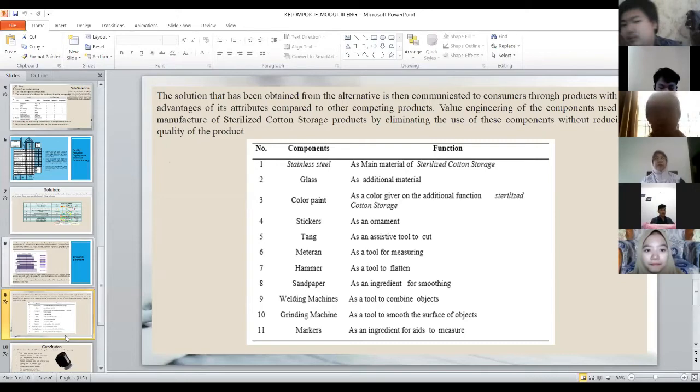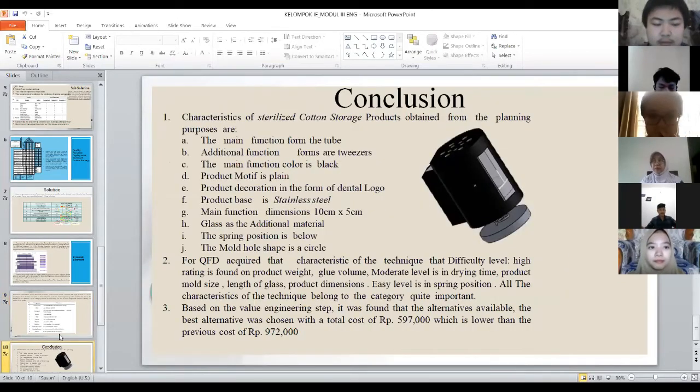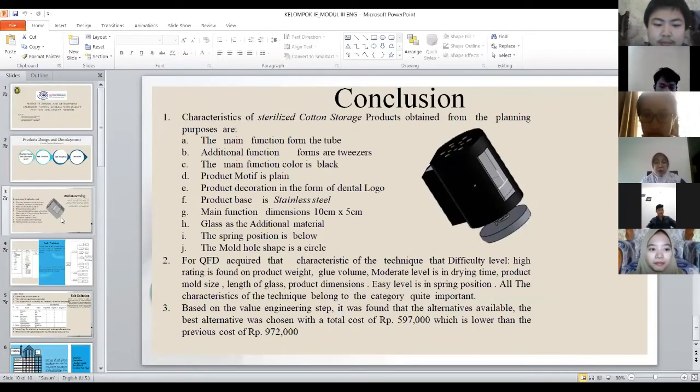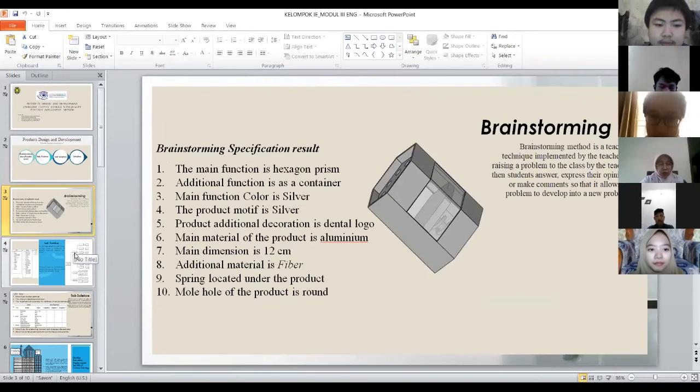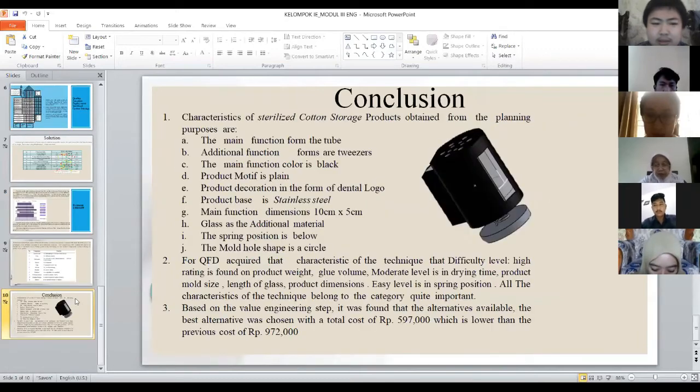You mention in the brainstorming the main dimension is 12 centimeters. You are an engineering student. How come you have a dimension of just 12 centimeters? What does it mean? Dimension is what?